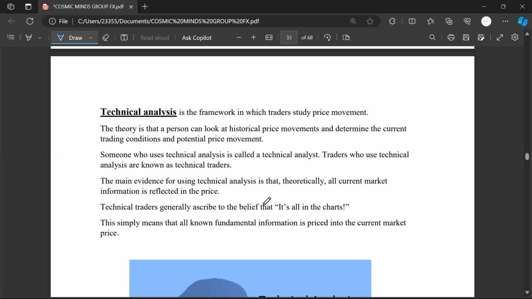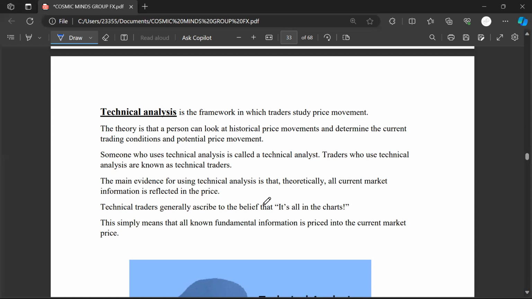Now, the theory is that a person can look at historical price movement and determine the current trading conditions and potential price movement. So we are looking at the history of prices, what happened, how they moved, what was the nature. With the history, we can actually anticipate the future. That is what it means.